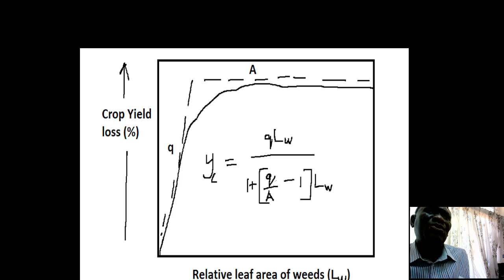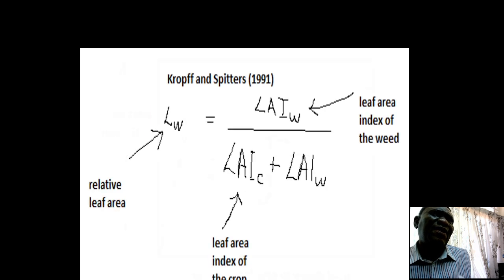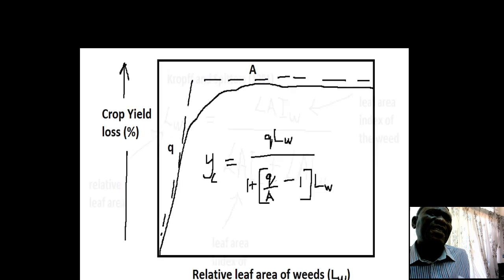So according to these scientists, Croft and Spitters, they thought this was more efficient. Instead of counting weeds, maybe you are better off measuring leaf area, but it depends which is more time consuming.